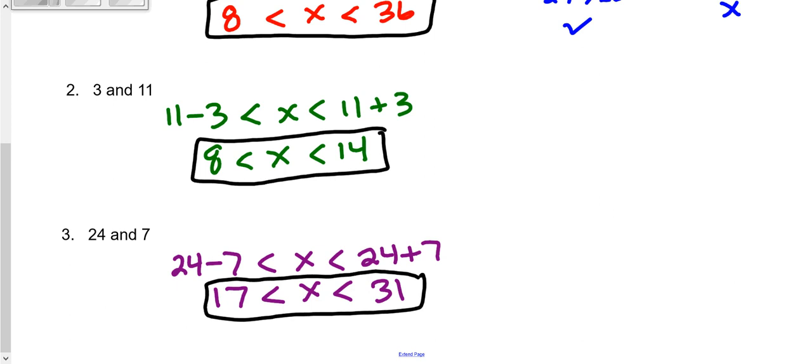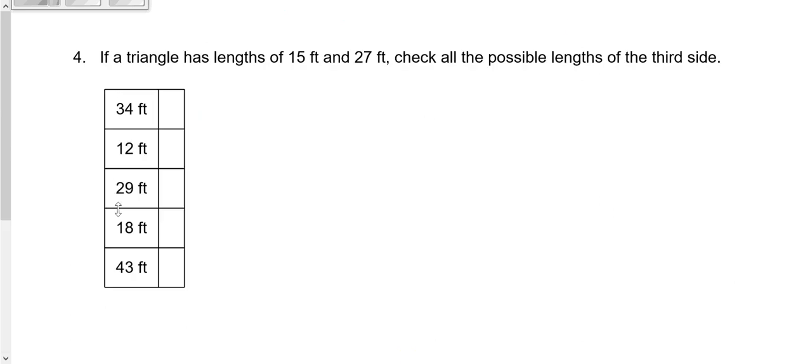Let's look at our last example. It says if a triangle has lengths of 15 feet and 27 feet, check all the possible lengths of the third side. This time we're given different sides and we have to determine which ones work, and we're going to check off the ones that work. But in order to do that, the first thing you need to do is get the inequality itself.